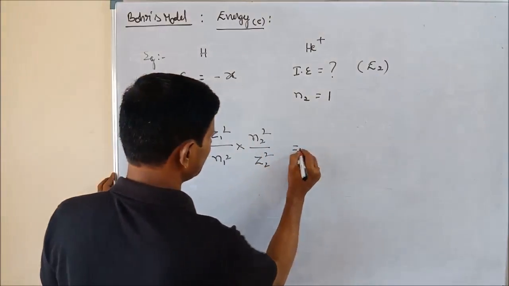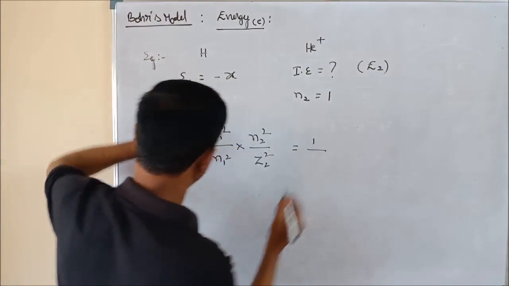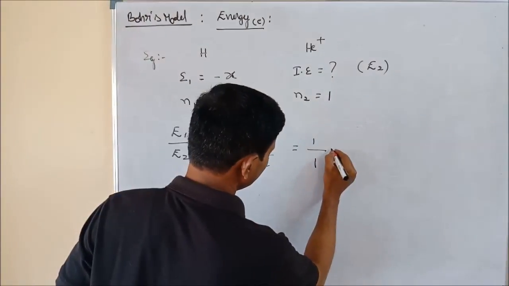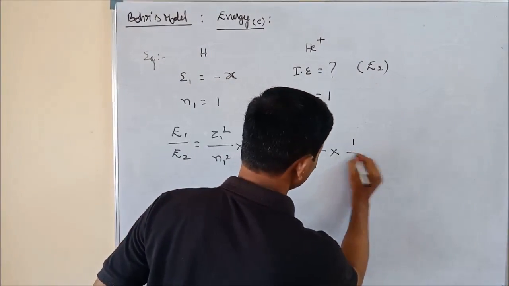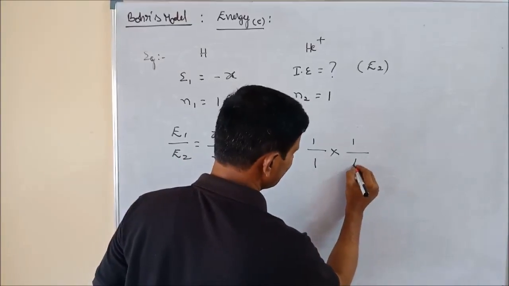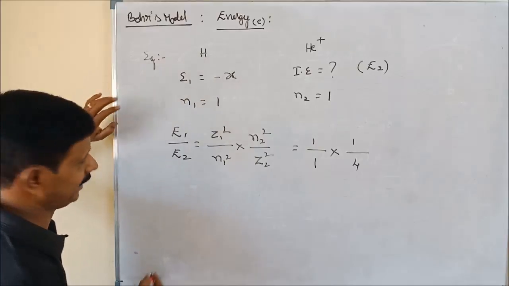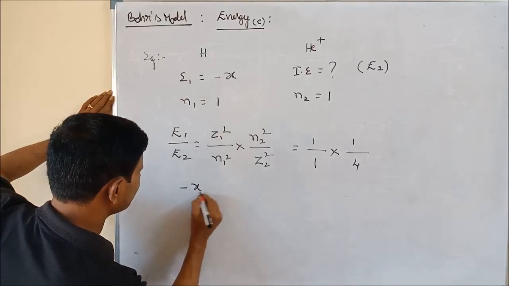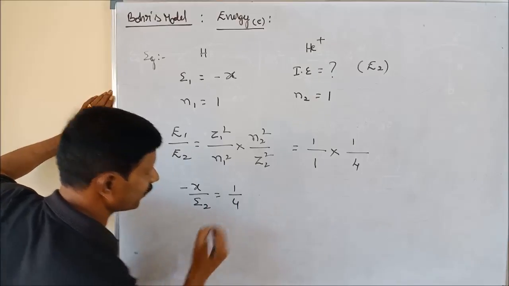Now I am substituting the values. For hydrogen, Z1 equals 1 and N1 equals 1, into N2 square, and 1 by Z2 square; 2 square means 4. So finally, E1 is minus x. So minus x by E2 equals 1 by 4.